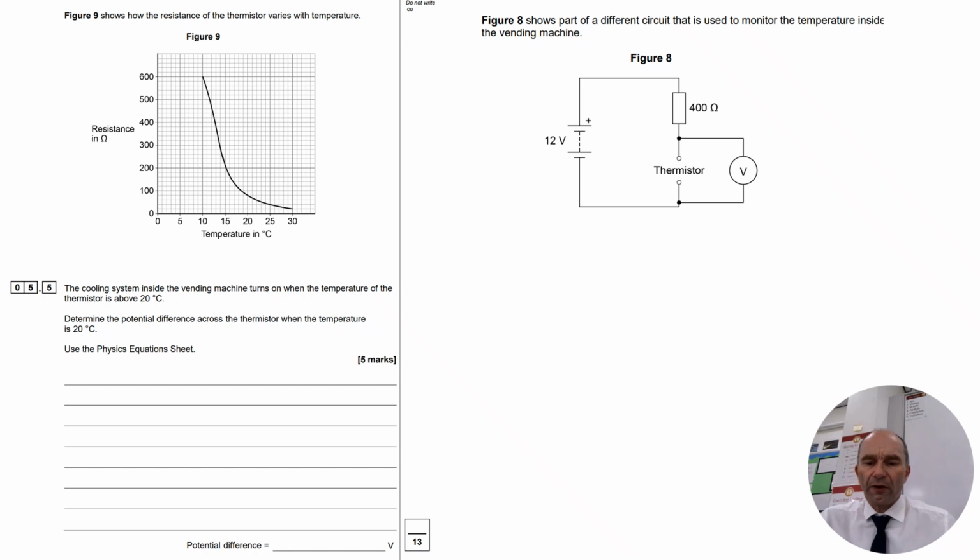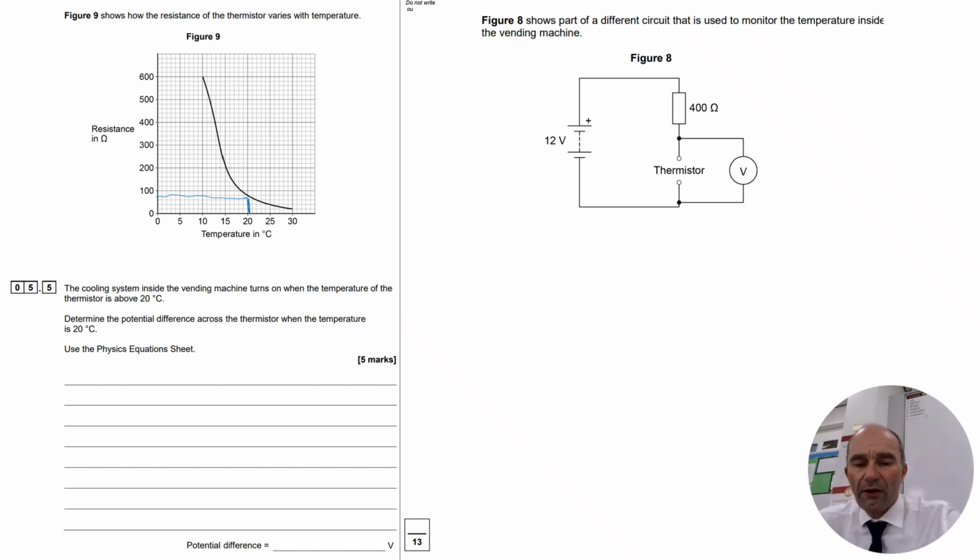Now, the first thing we need to do on this is we need to work out what is the resistance of the thermistor at 20 degrees centigrade. And this is where we need to use your graph. So you would draw your ruler up onto the graph, and then you would draw across. Now you're going to have a ruler, so you've got a massive advantage over me. Now, read off the scale carefully. Now, by my reckoning, that is 80 ohms.